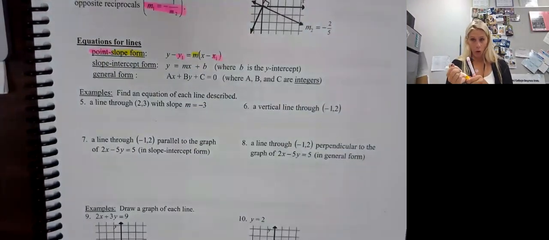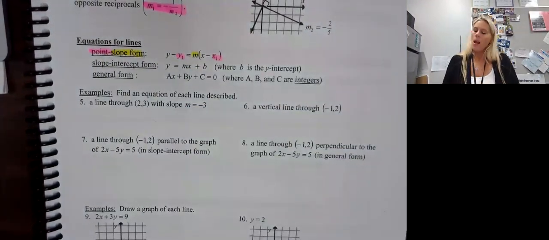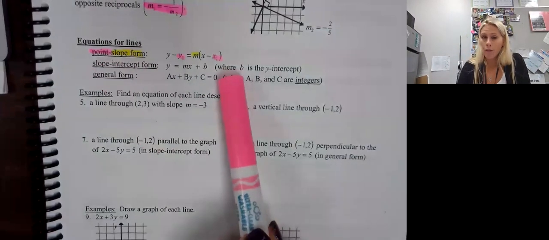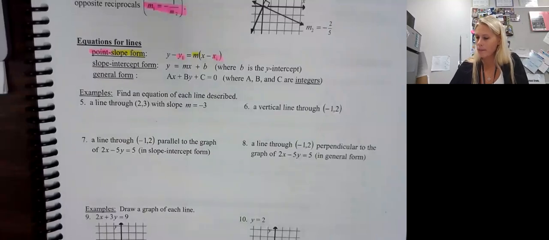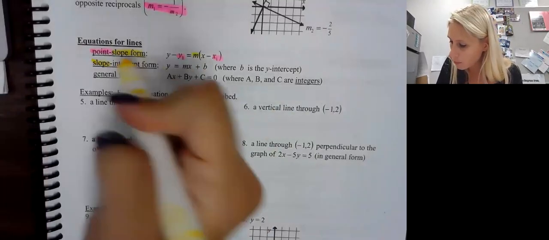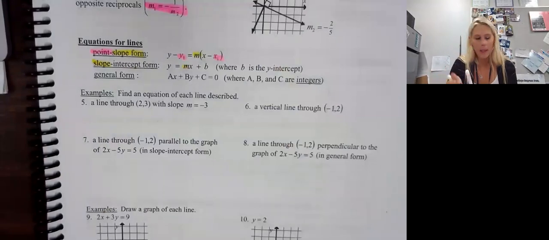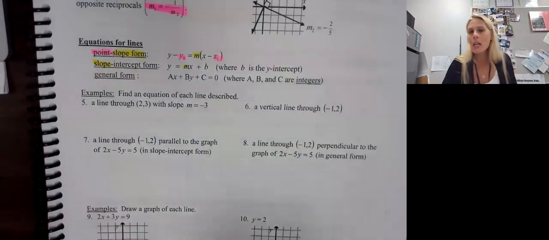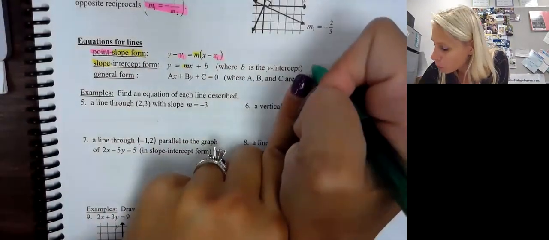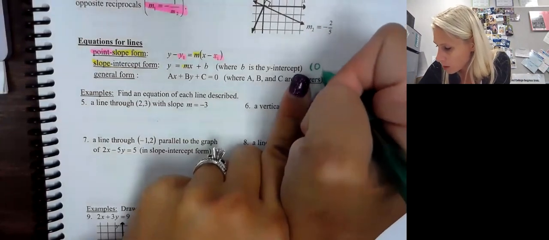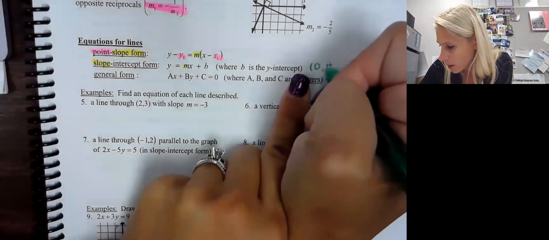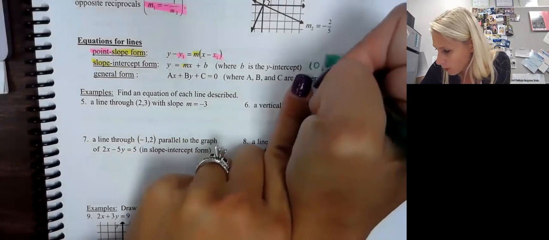That is the easiest form. Now, slope-intercept form, of course, there is your slope right there, m, right? Your slope is m. But in this case, b is your y-intercept. And if you remember, the y-intercept is a coordinate where x is 0 and y is the number, okay? And that would be your b.